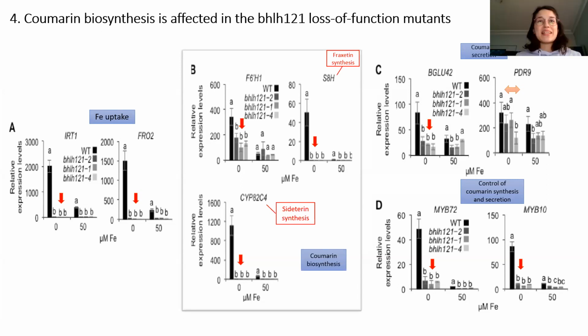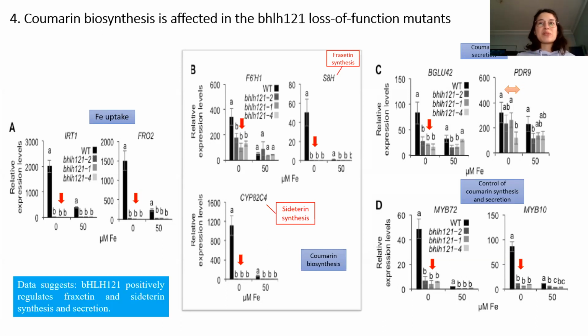Hocam, because they saw that iron accumulation is less in the mutants, they wanted to check whether iron uptake is compromised or not. So they did this. Sorry, I missed it. So why did they look at the expression of genes? Because their expression levels will be induced when iron is not present, due to stress conditions.